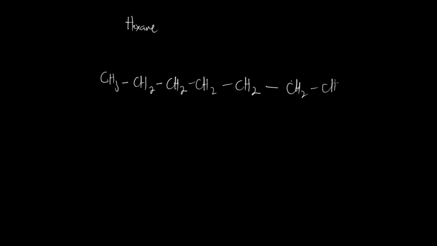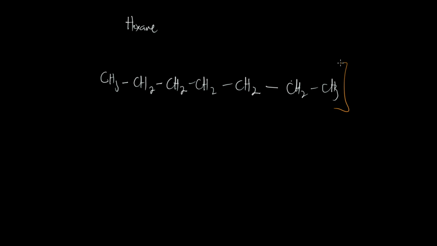Let's have a new canvas. So we have hexane, right? This is hexane. So hexane is CH3, CH2, CH2, CH2, and then we have 1, 2, 3, 4, 5 CH2, and then CH3.